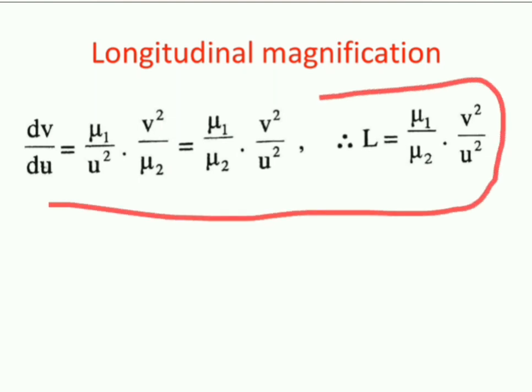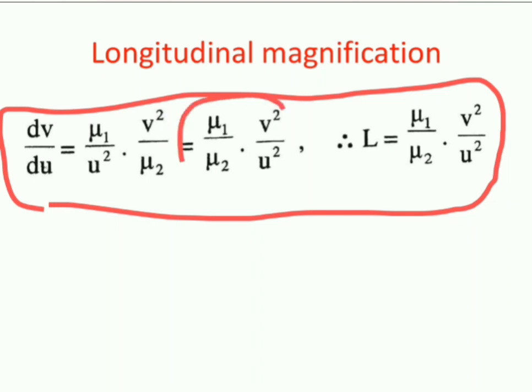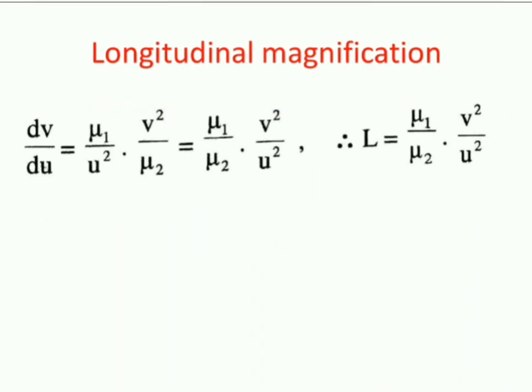Remember this relation also. Length of image by length of object is mu1 by mu2 into V square by U square for spherical surfaces.